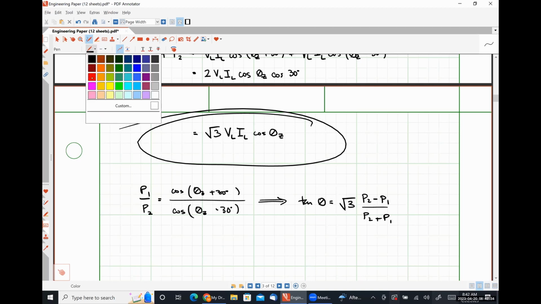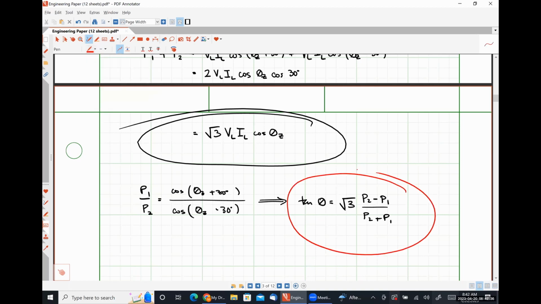Why is this important? It allows us to calculate our power factor angle and therefore our power factor only using the watt meters, which means we don't even need multimeters anymore to figure out any possible thing that we could need about a balanced 3-phase load. Yes. That is the theta S, so the power factor angle.